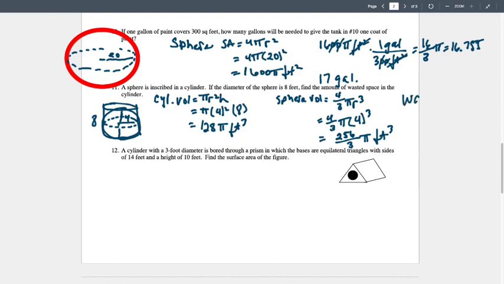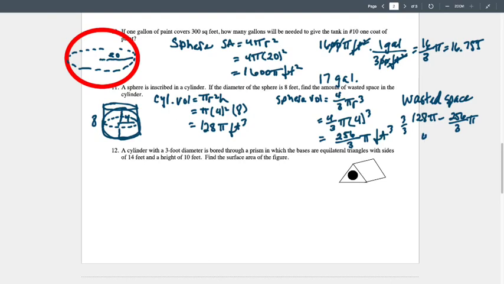Okay, so your wasted space will be you subtracting those amounts. You're going to do the 128 pi minus 256 divided by 3 pi, which you could do by getting a common denominator and subtracting like that. So you need to multiply this by 3/3. You can do this in your calculator too.